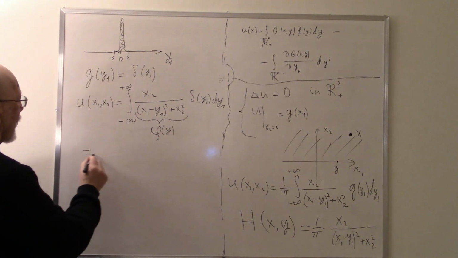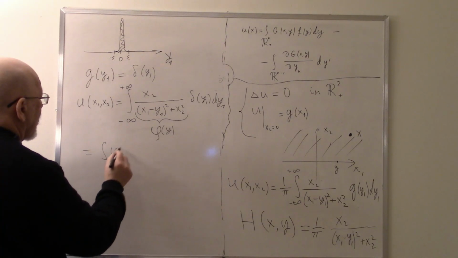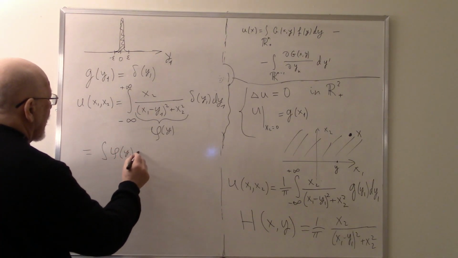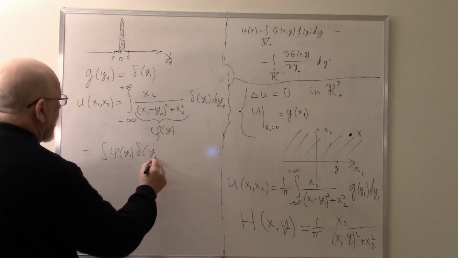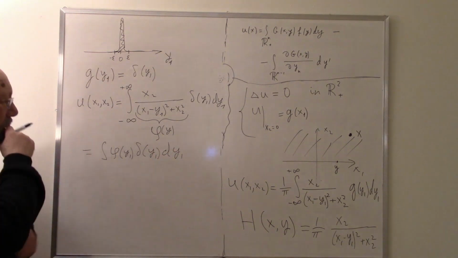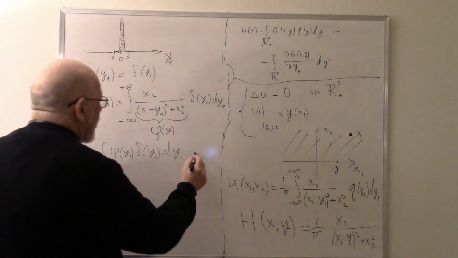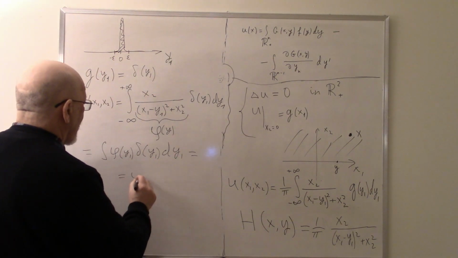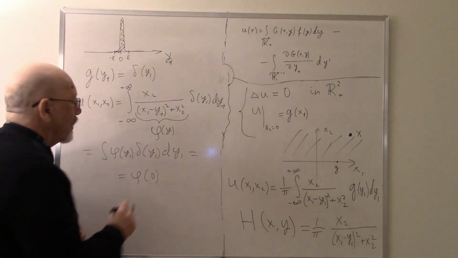So it is integral phi of y1 delta of y1 dy1. We know what it is. It is equal to phi of 0, simply.